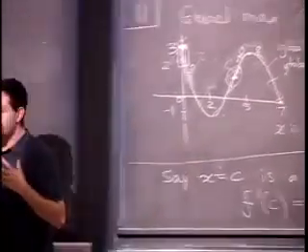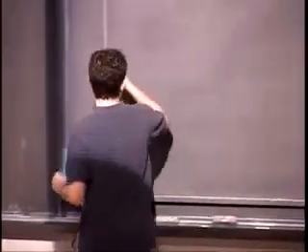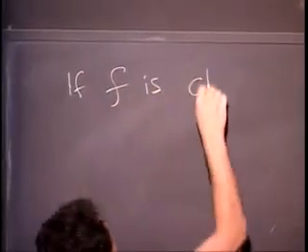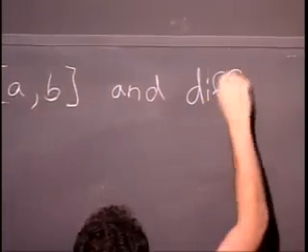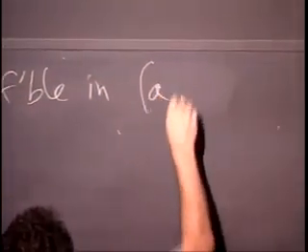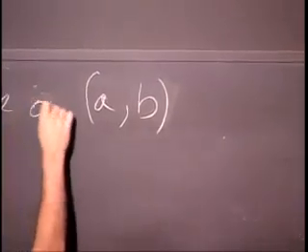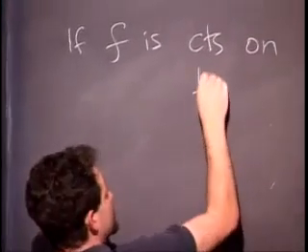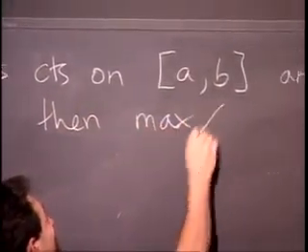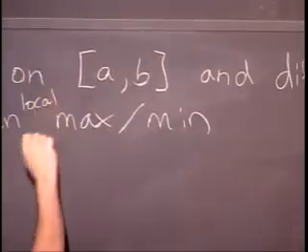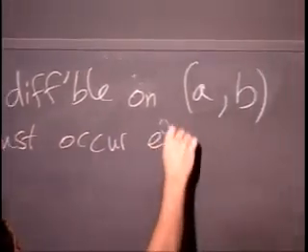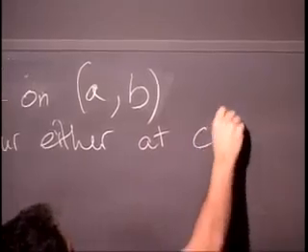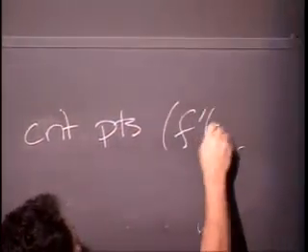Okay, so a refinement of that theorem that I just put in is that if f is continuous on a closed interval and differentiable in the interior, then maxima and minima, local if you like, or global, these theorems are both true for local and global, must occur either at critical points, and in this case f prime of c equals 0.